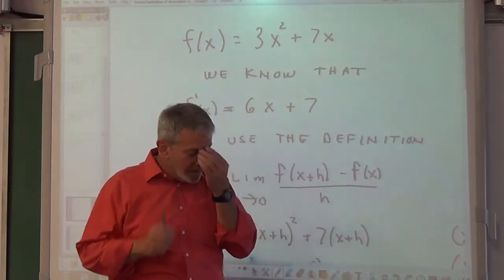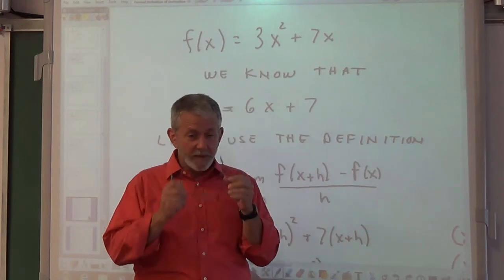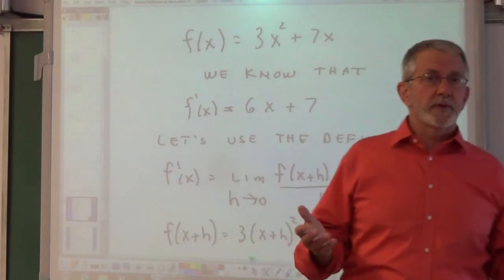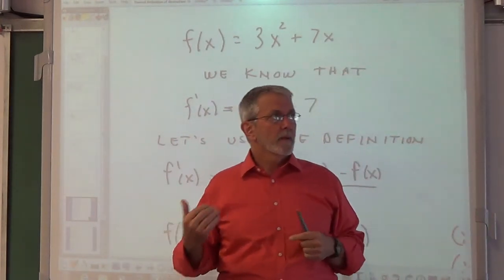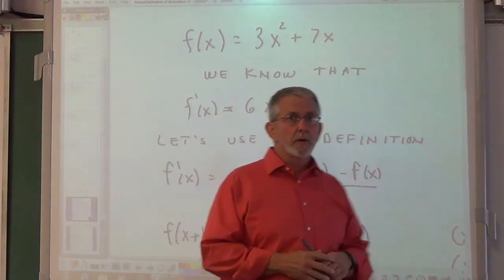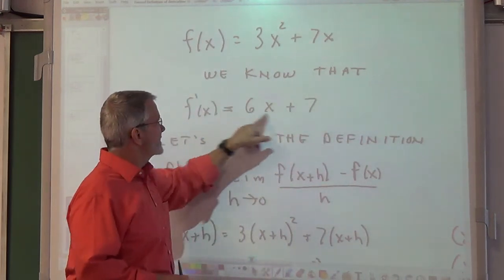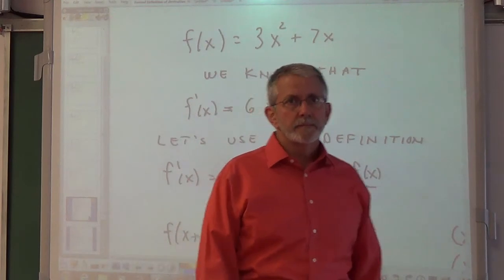Now, the way we've approached this particular course this year, we've actually calculated analytical derivatives before, we've kind of put the cart before the horse, if you will. Because we've calculated that, and we know that f prime of x is 6x plus 7 with respect to the power rule.